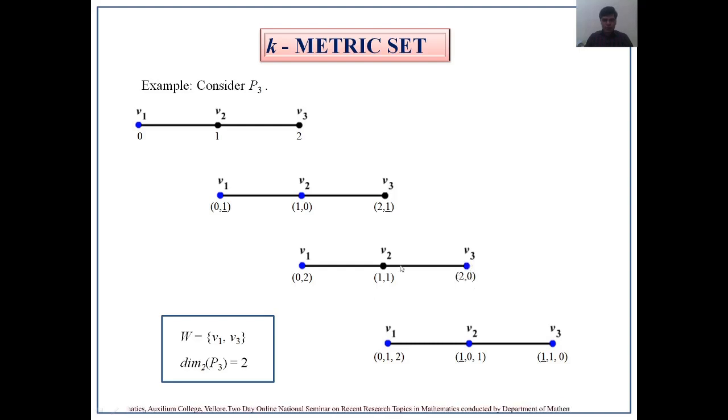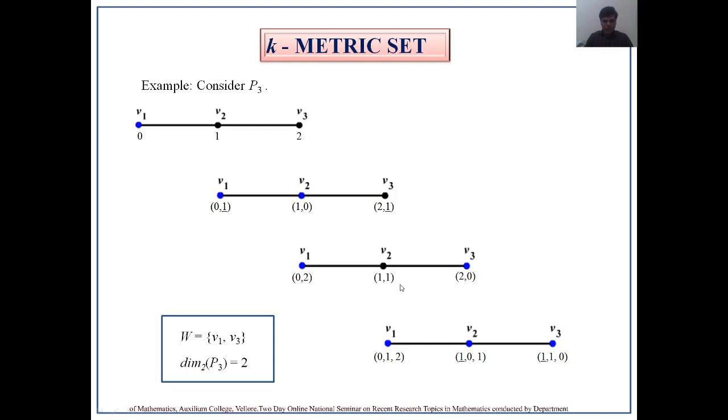Therefore I have found the representation. Now I am going to check in how many places there is variation in the representation. First let me take the vertex V1: the first coordinate with the first coordinate of V2, there is variation. The second coordinate with the second coordinate of V2, there is a variation. Similarly, the first coordinate with the first coordinate of V3, there is variation.